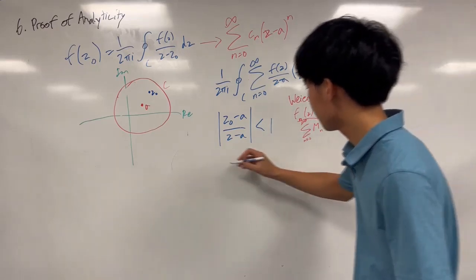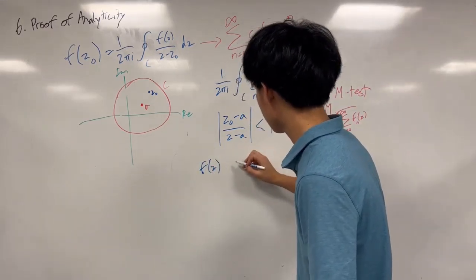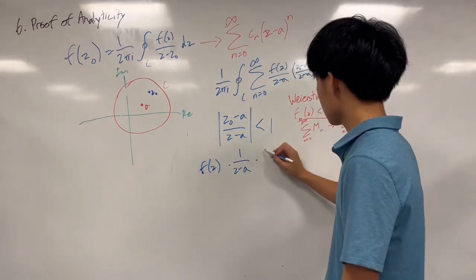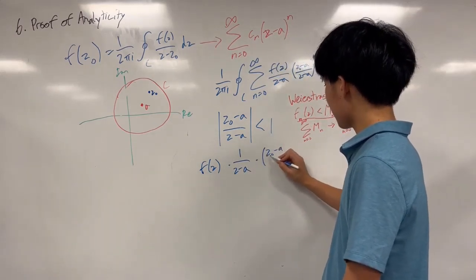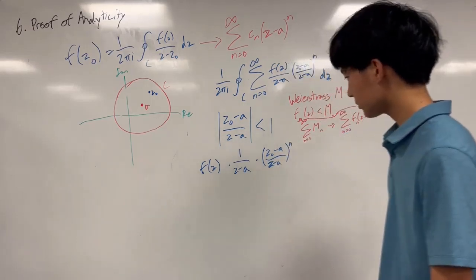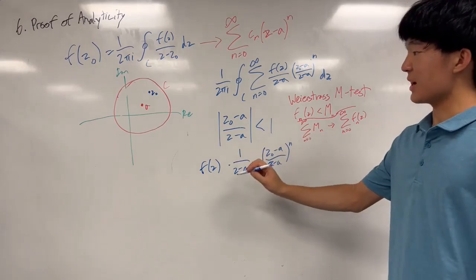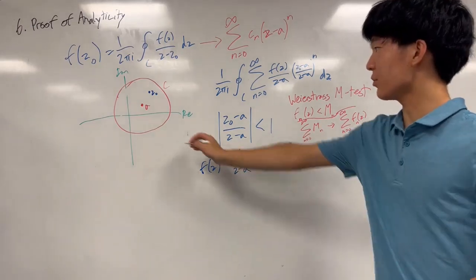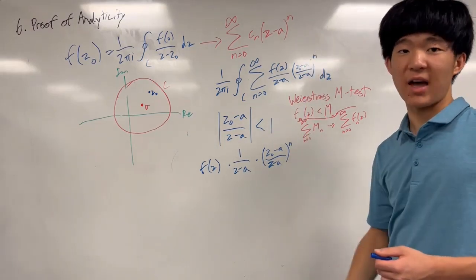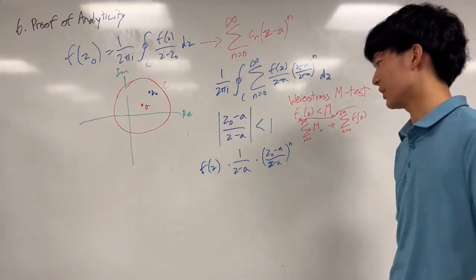So we can break this up into individual pieces. We have f of z times 1 over (z minus a) times ((z sub 0 minus a) over (z minus a))^n. Because f of z is continuous and holomorphic over this whole area, it has to be bounded by some maximum value. It can't just go off to infinity.